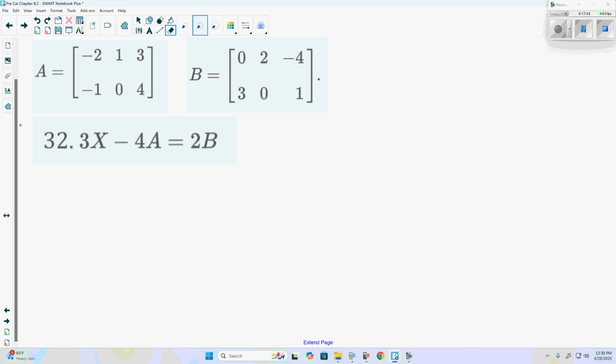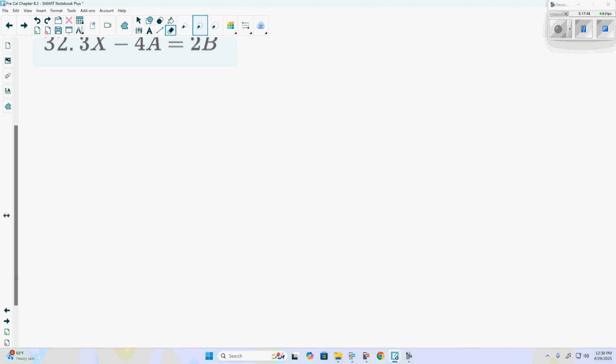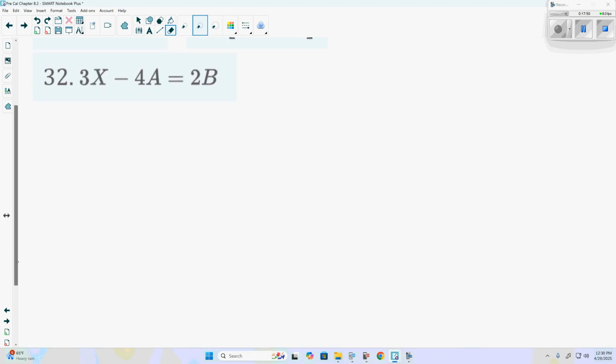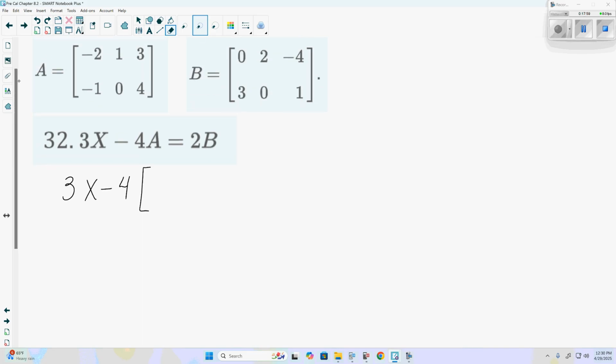Now, for us to be able to add or subtract, the matrices have to be the same. So here, we're saying 3 times X, we'll leave it as X, minus 4 times A. Now, our matrix A was given to us as -2, 1, 3, -1, 0, 4.